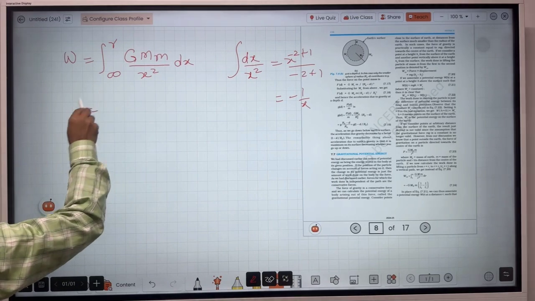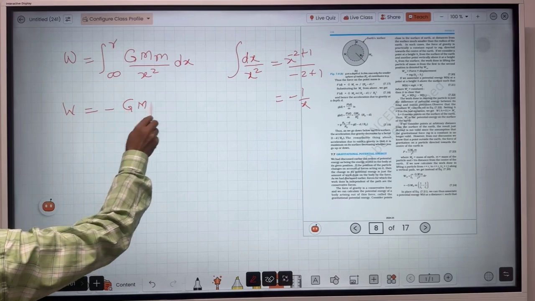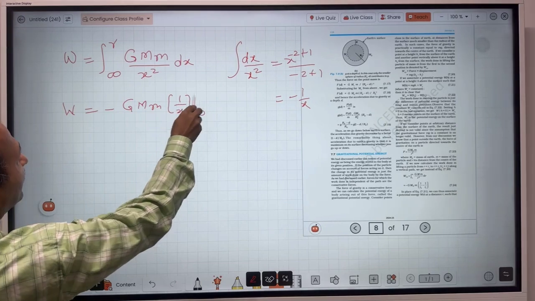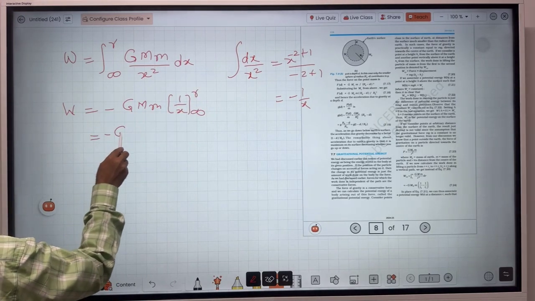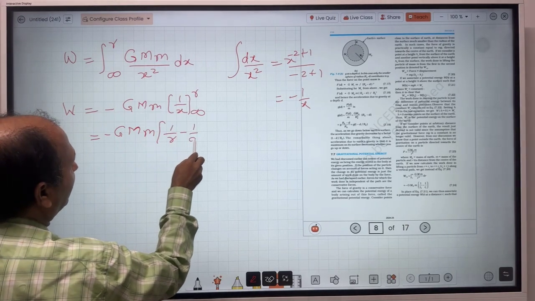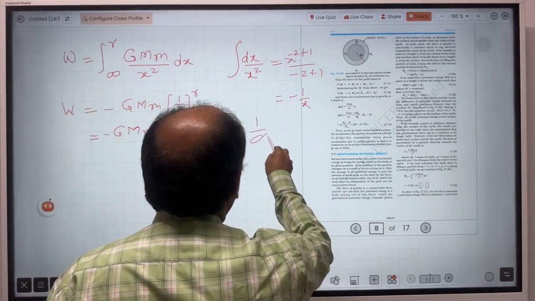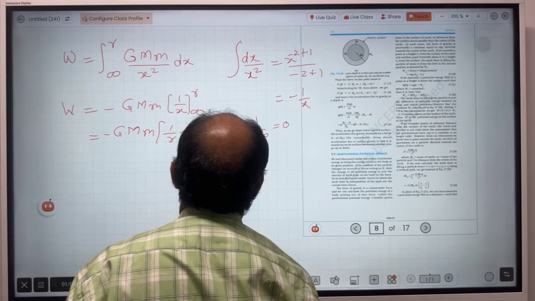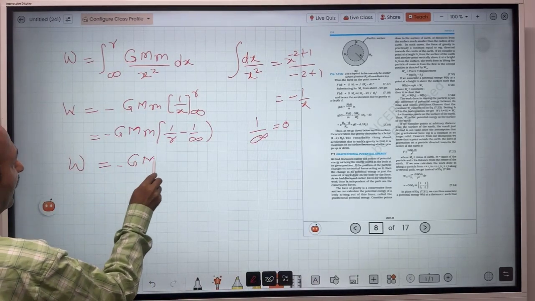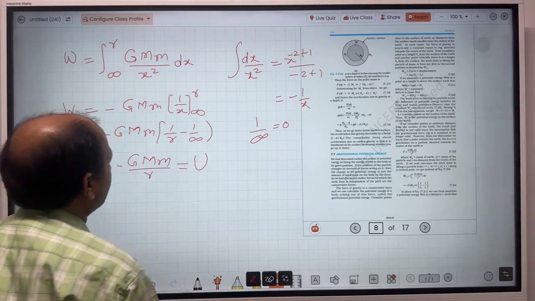So here it becomes W equal to minus GMm, and then 1 upon x, limits infinity to r. This will become minus GMm, 1 upon r minus 1 upon infinity. And if you remember, infinity is a very large number. When it divides 1, it will give almost 0. So we have got W equal to minus GMm divided by r. This work done is equal to potential energy, so we denote it as U.